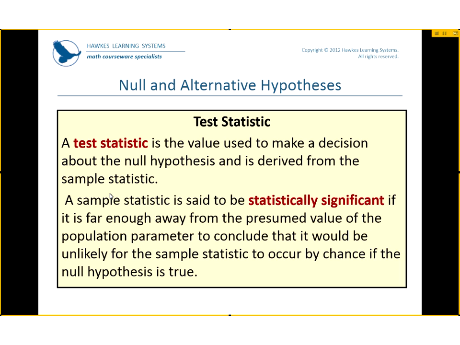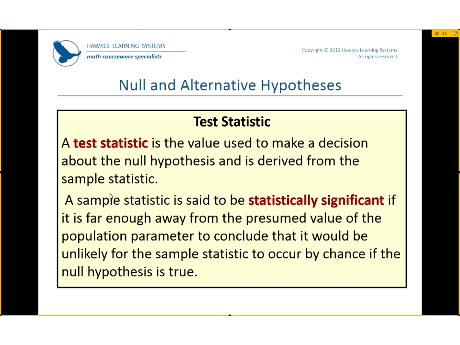Okay, so a test statistic is the value used to make a decision about the null hypothesis and is derived from the sample statistics. A sample statistic is said to be statistically significant if it is far away from the presumed value of the population parameter to conclude that it would be unlikely for that sample statistic to occur by chance if the null hypothesis is true.